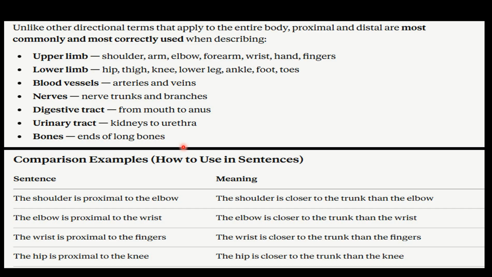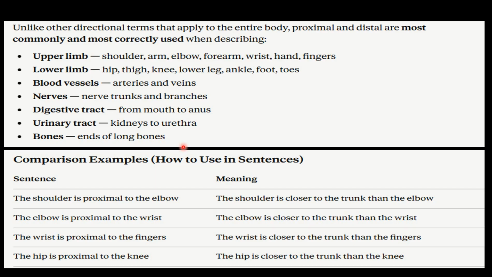So now you can see, unlike the other directional terms that apply to the entire body, proximal and distal are most commonly and most correctly used when describing upper limbs like shoulder, arm, elbow, forearm, wrist, hands, and fingers. Similarly, for lower limbs like hip, thigh, knee, lower leg, ankle, foot, toes.